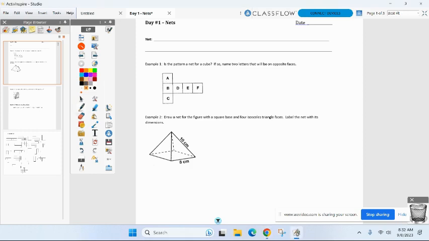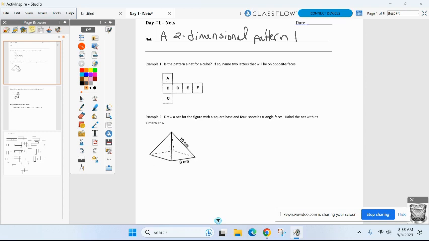It is a two-dimensional pattern. Okay, a two-dimensional pattern. And if you want to know what I mean by two-dimensional, look at example 1. Example 1 is a two-dimensional pattern. That's what I mean.